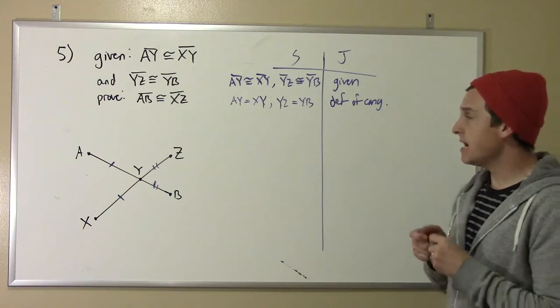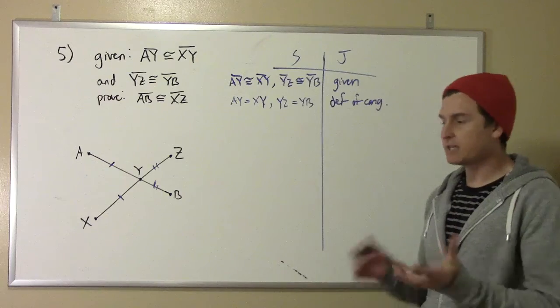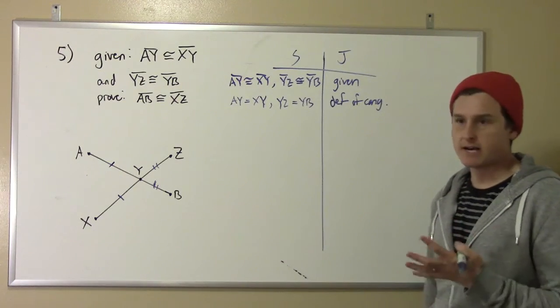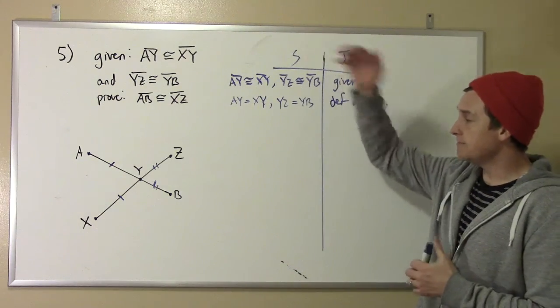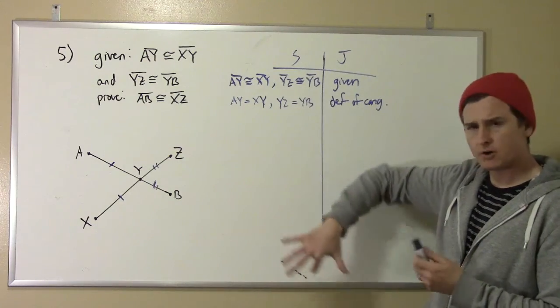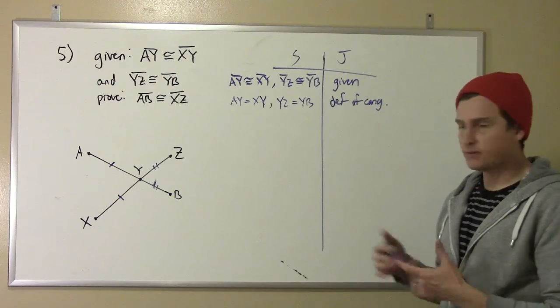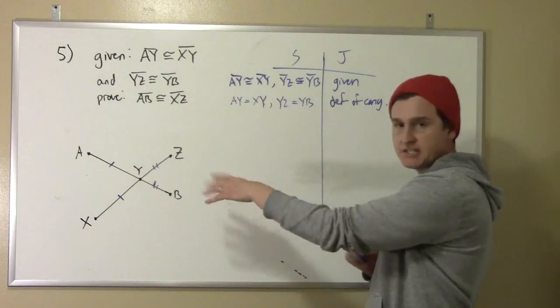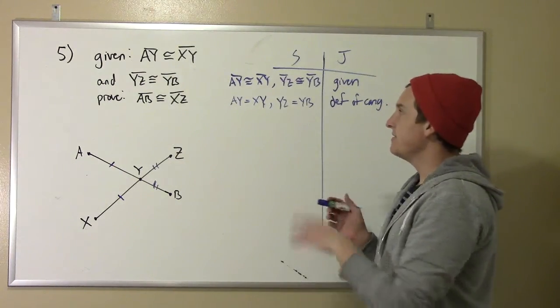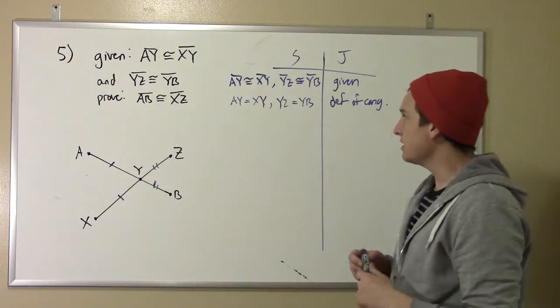Okay, now there's a step that we're going to do, and it doesn't really matter where it comes. This can come later, or it can come earlier in the proof. I think when I did a proof like this before, we went right into the segment addition postulate, and then later I did some addition property of equality.